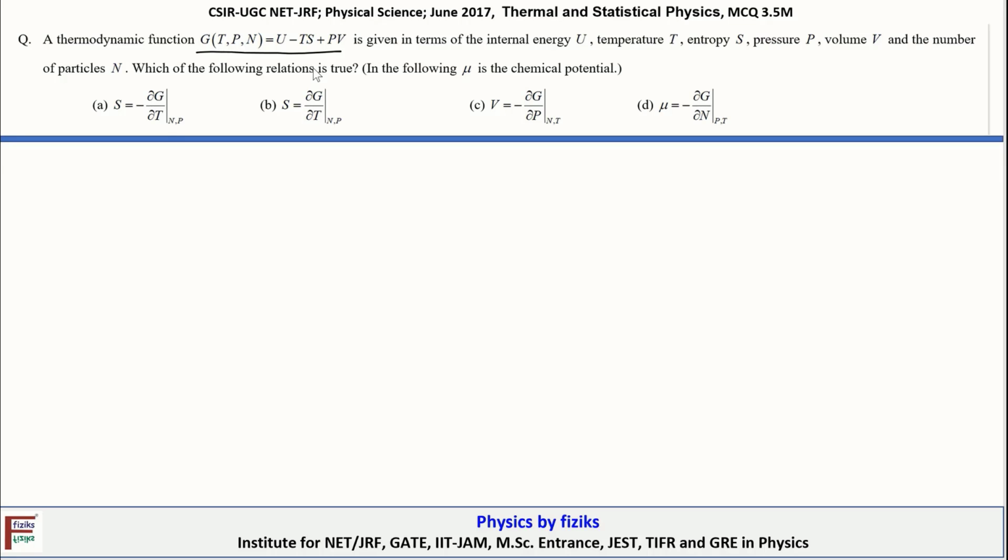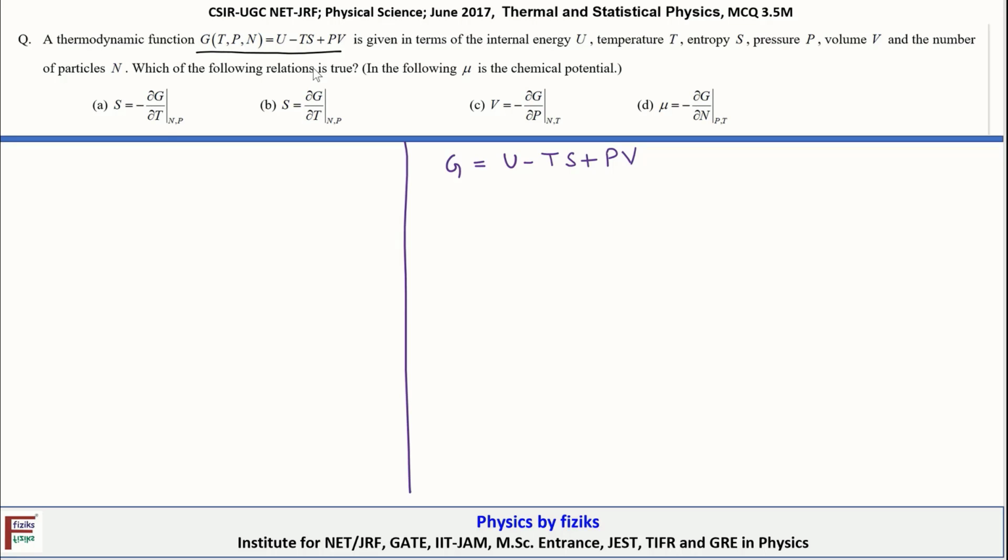So for this purpose we need to expand the given thermodynamic potentials and then we will be able to find out the answer. Okay, so let's try to understand this problem. Let me write the given thermodynamic potential, which is basically the Gibbs free energy, that is G equal to U minus TS plus PV.